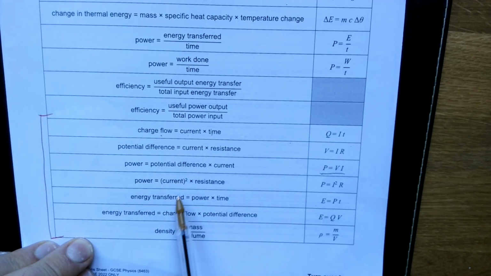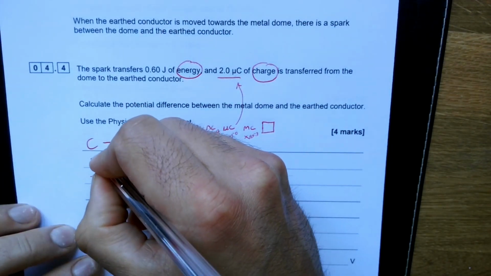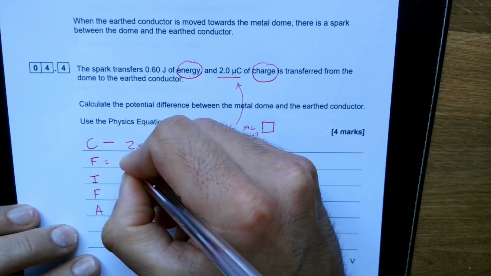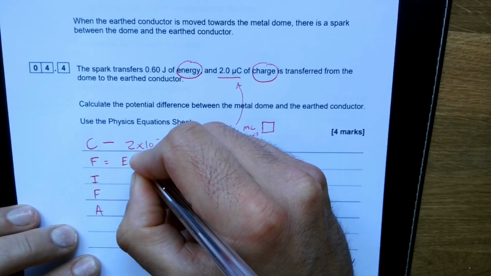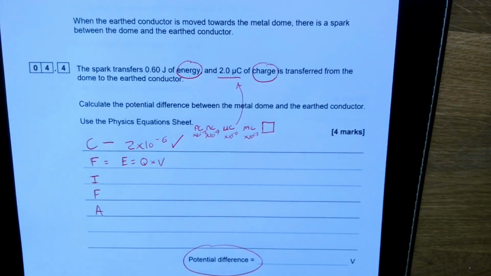We keep going down, it's none of these. Okay, we've got charge there. Remember, charge and charge flow are the same thing. Potential difference is there, and energy transfer. So it's definitely going to be that one, because it has all 3. So we write E equals Q times V. Q's for charge, V for potential difference, E for energy.